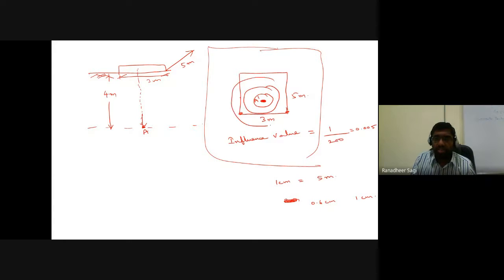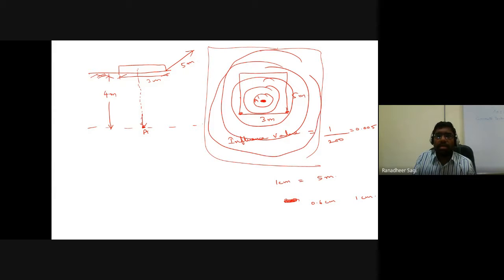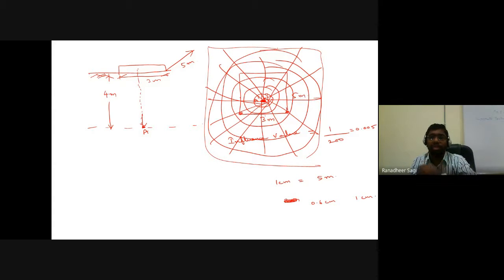I am looking at your Newmark chart now, where the chart has some radial lines like this. See, what I am drawing is something very arbitrary. It doesn't even look like a proper Newmark chart.